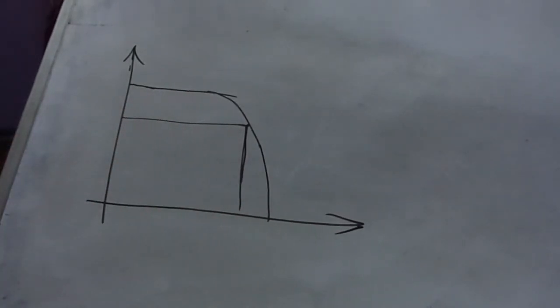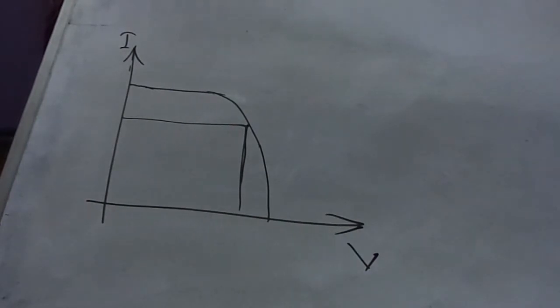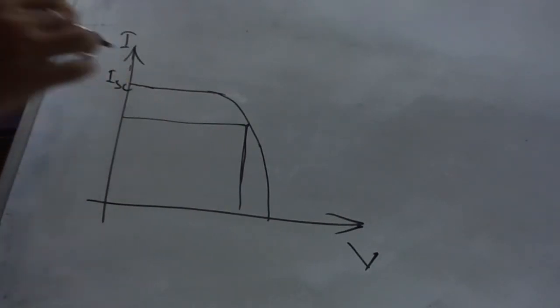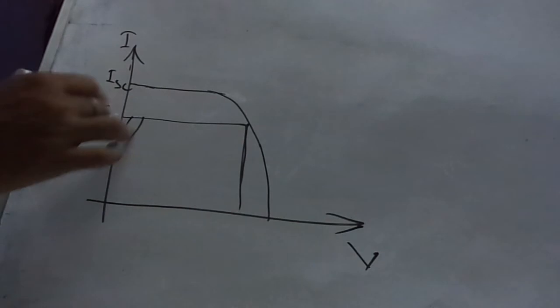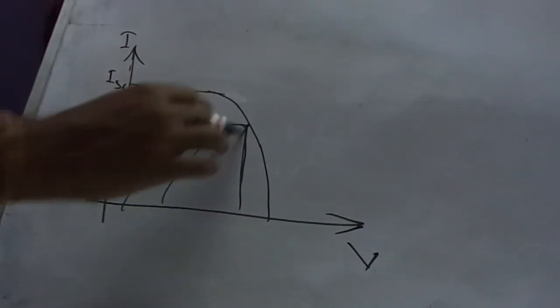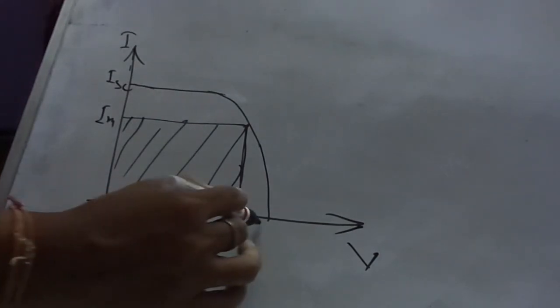One axis is the I, another one is the V. That is the ISC. That is the IM. That is the VOC.